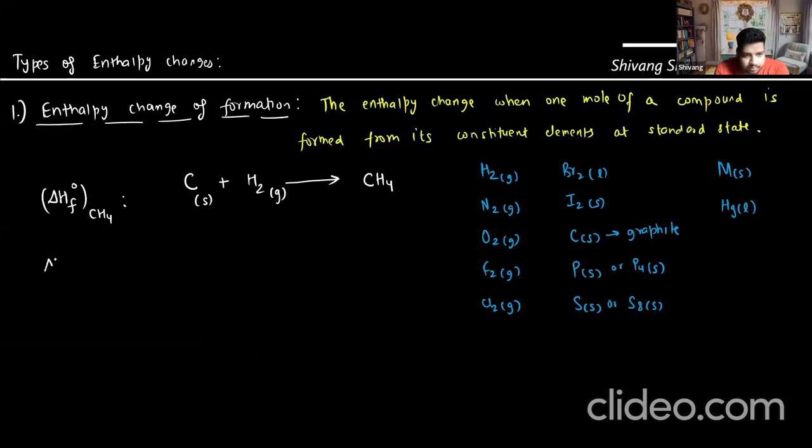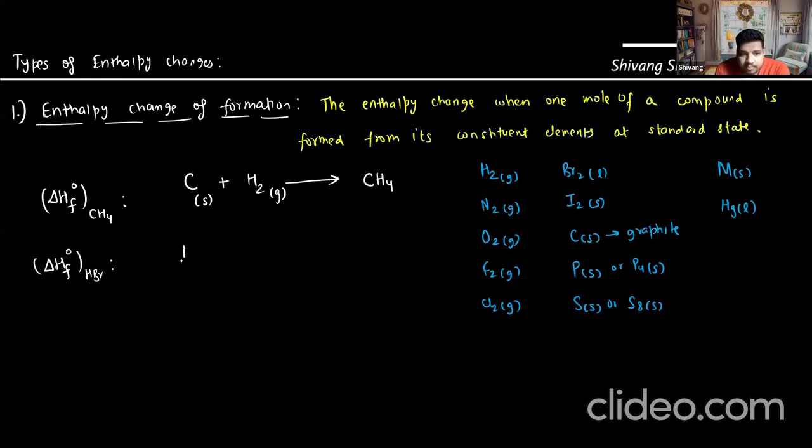For example, we have to write the equation of enthalpy change of formation, delta HF naught, of bromine. So that would be not bromine, since bromine is standard only. Let's do HBr. HBr means we need hydrogen and bromine, so it's going to be H2 and Br2.